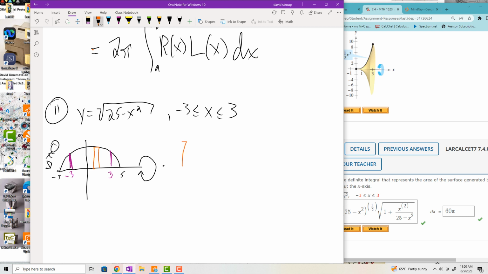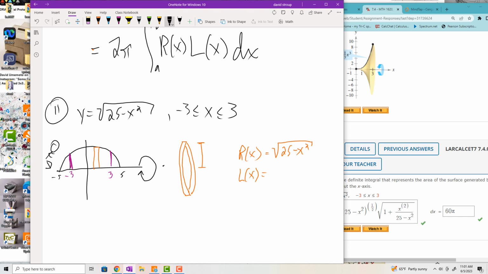So we have these little strips of paper, I don't know what else to call them. The radius value is from here to the top, right? So our R of x formula is going to be that square root 25 minus x squared. And then we need an L of x formula.